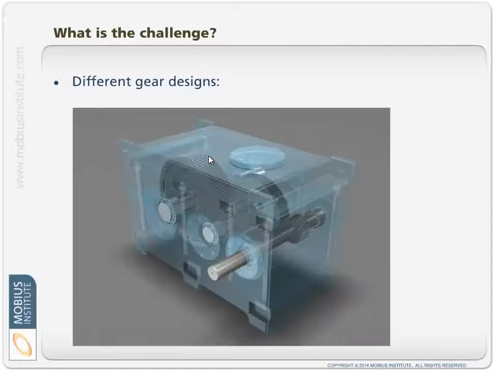Anyway, the other thing you have to consider is just what is the design of the gearbox. Therefore, what teeth are meshing with each other, what speeds will you see, what frequencies do you expect to detect, and therefore how do you set up your spectrum measurements and your time waveform measurements in order to capture the data you need.